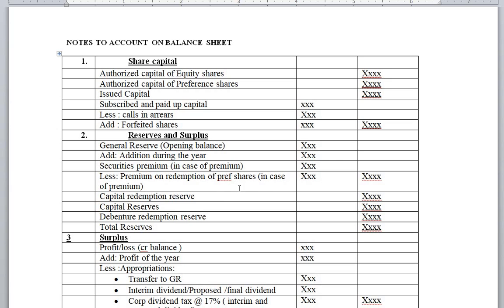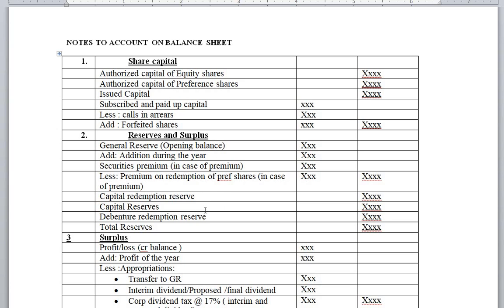apart from the general reserve, if there are any other reserves given in the question, like capital redemption reserve or capital reserve itself or debenture redemption reserve, that also will be added in the reserve and surplus.